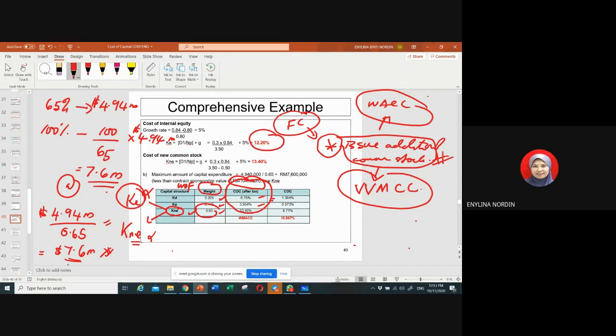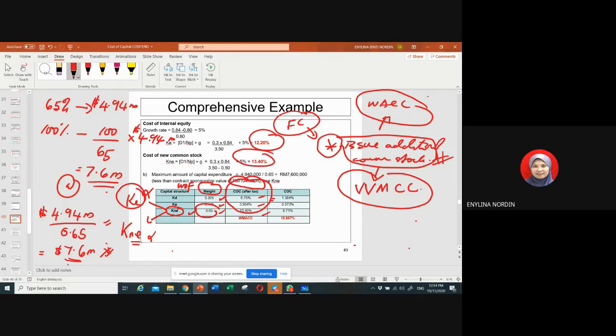That's why it is important for us to calculate this maximum capital expenditure. Then we compare it with the cost of the investment. Is it enough or not? If not enough, we have to issue additional shares involving flotation cost. Therefore we need to use KNE, 13.4%. So in this case we use 13.4.